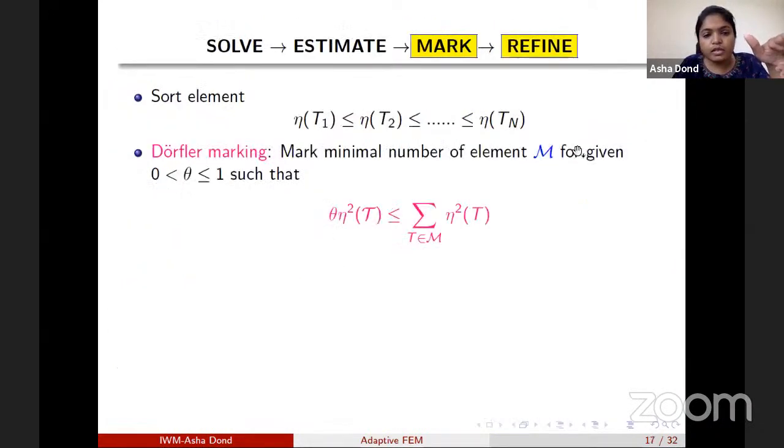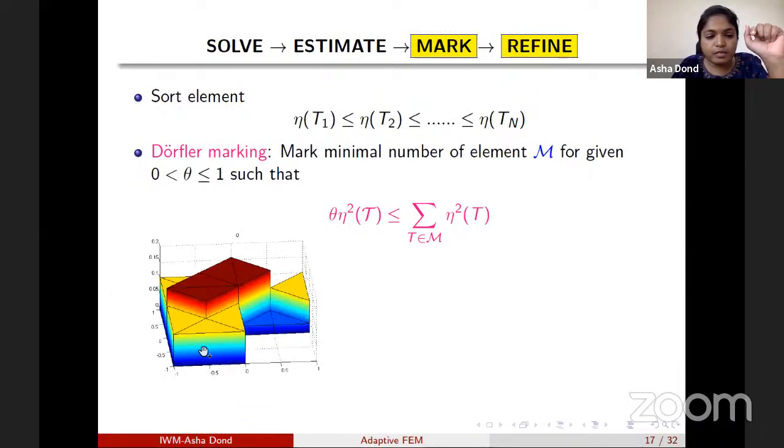So we will use the Dörfler marking criterion. We will go to each triangle, and over each triangle we will compute the estimator. Suppose this is a triangulation, and the height of the triangle denotes the amount of estimator. You can see these two triangles have a high estimator, which means the error is large in these two triangles.